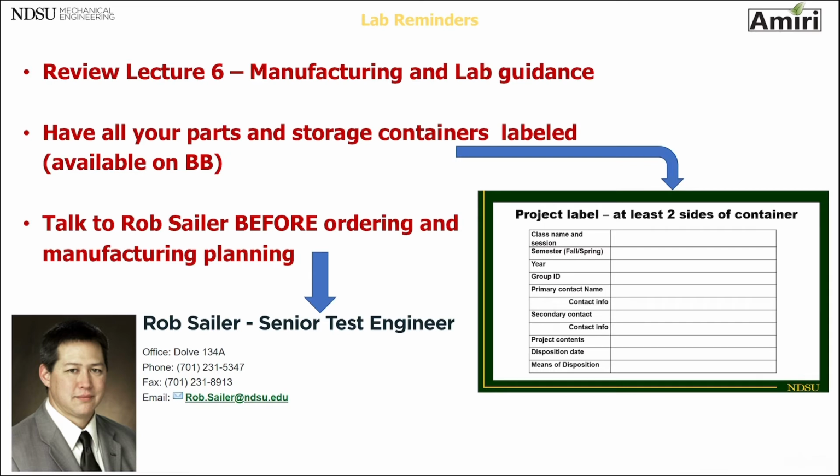It has happened before. Your parts will get misplaced or in some cases thrown out because they go through the labs pretty regularly and clean out the labs. If there's something sitting there and it doesn't have this label attached to it, they don't know who it belongs to. It is assumed that it's done and it's an old part. They're going to throw it out and you're going to be in trouble. So make sure that everything has a label.